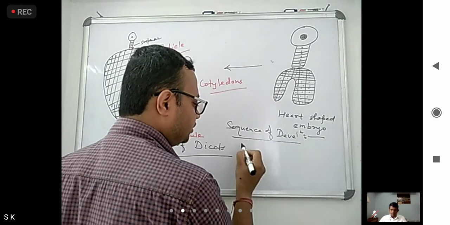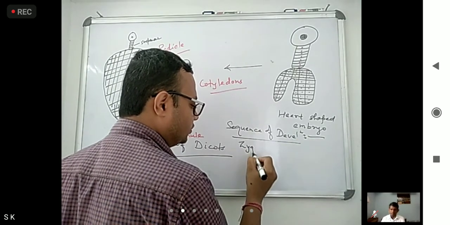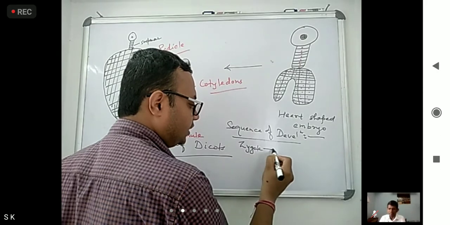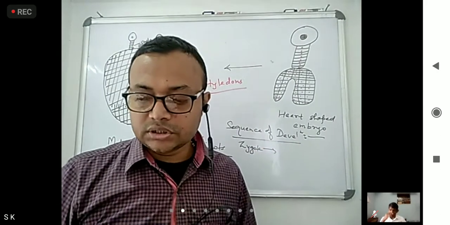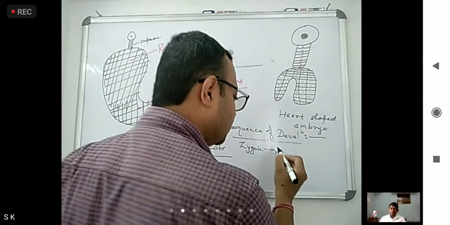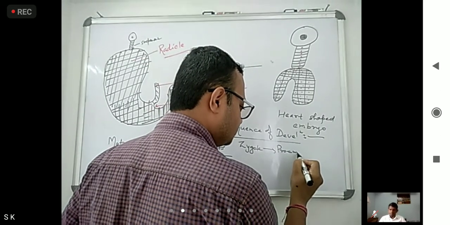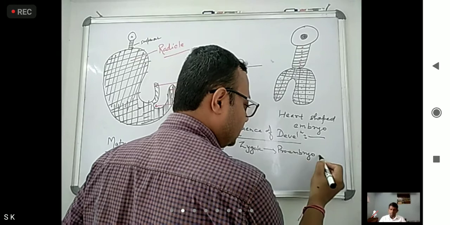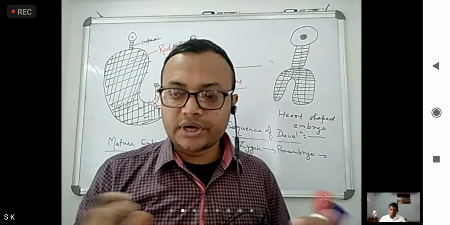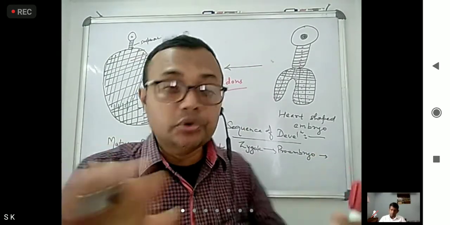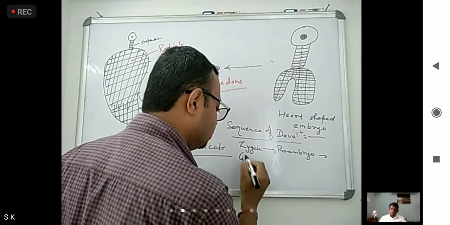Okay. First was what? Zygote. Now zygote develop into what? Proembryo. This proembryo developed into what?